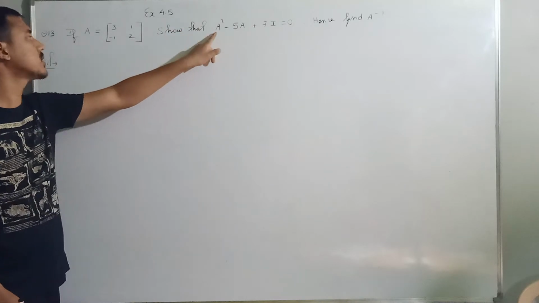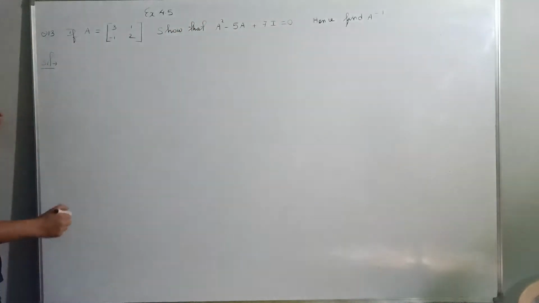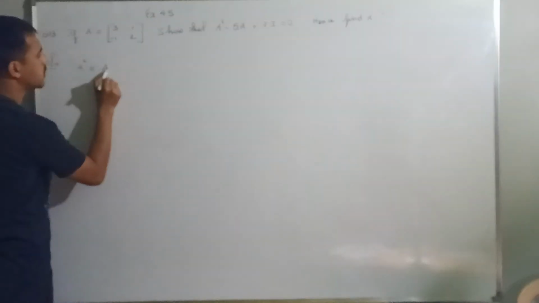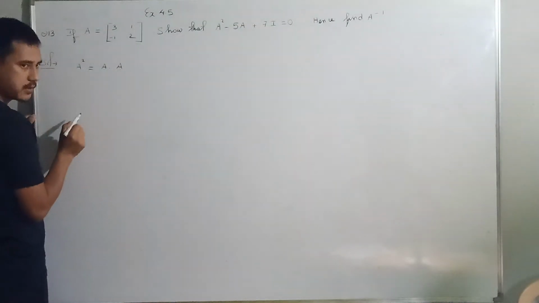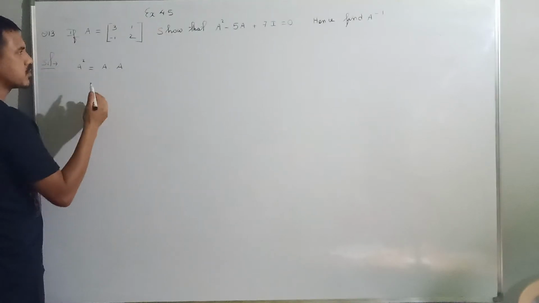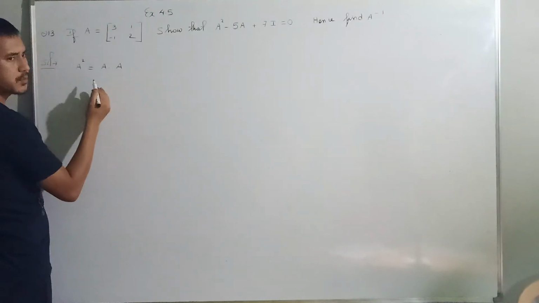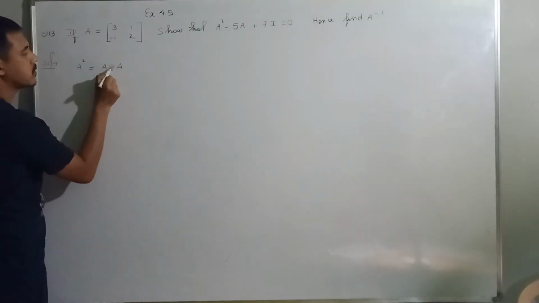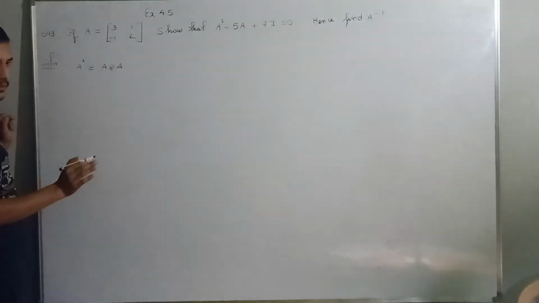In order to show this, let's find what is your A square, okay? A square means A times A, right? Here in matrix we don't have cross product, scalar product, dot product, so you can write dot as the product. It's okay.